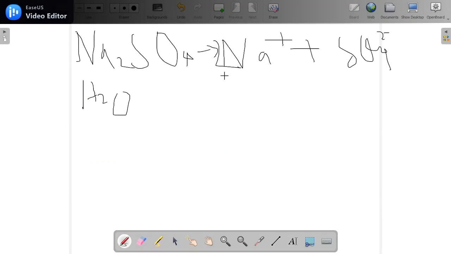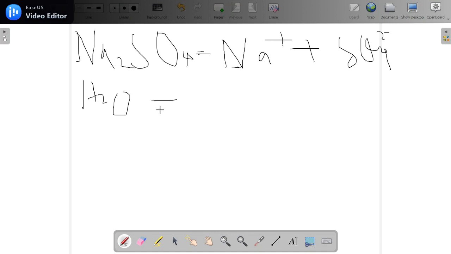Oh, sorry, there's a mistake here. I'm very sorry about that. So let me erase this. That was actually a mistake. So this decomposes here, because when we form this back to this form, this switches and transfers to this part, which forms Na2SO4. So now the decomposition of Na2SO4 gives this.